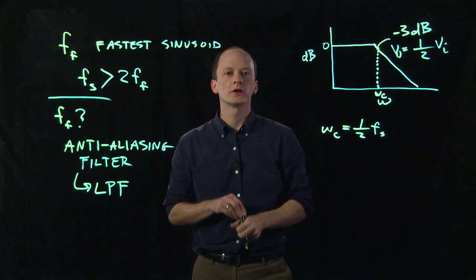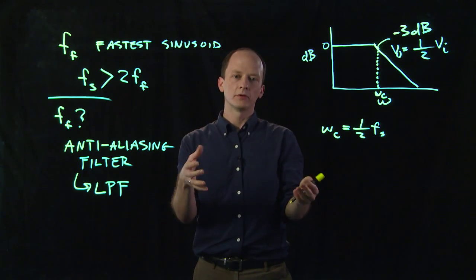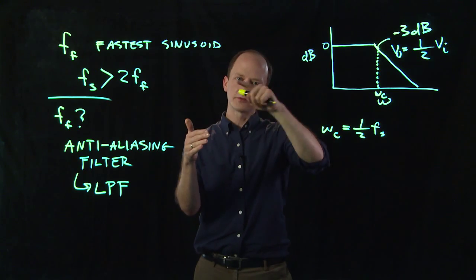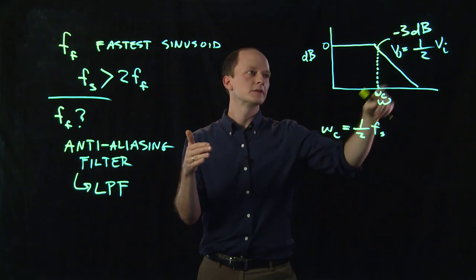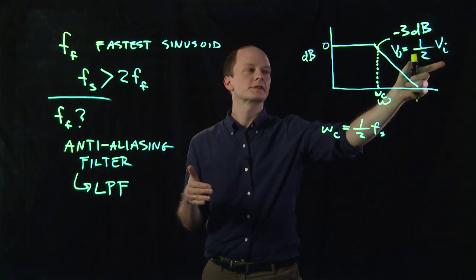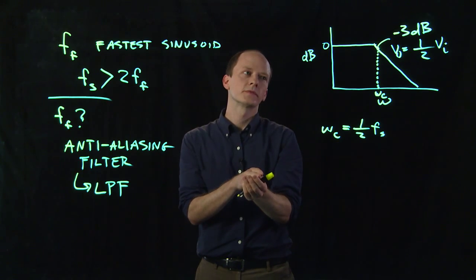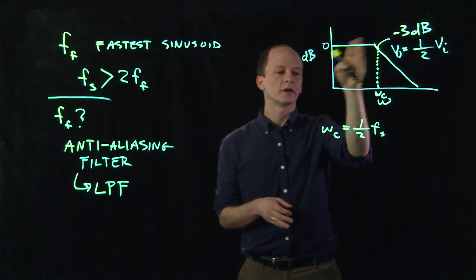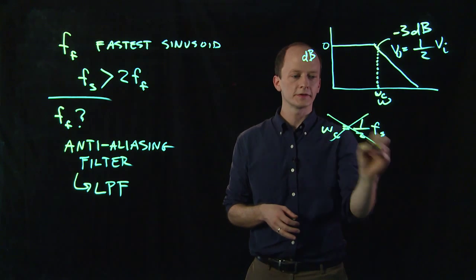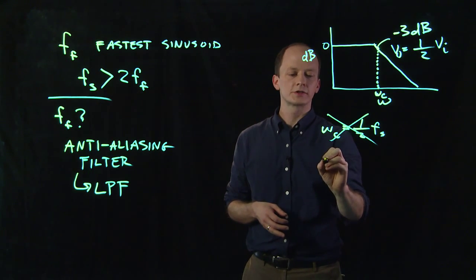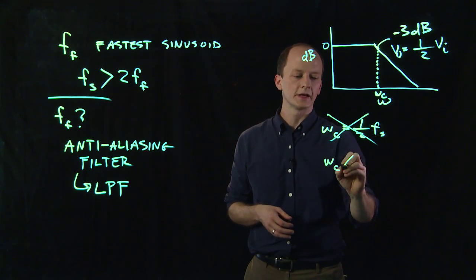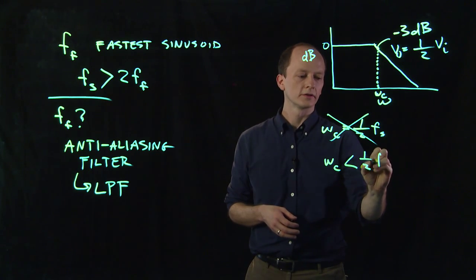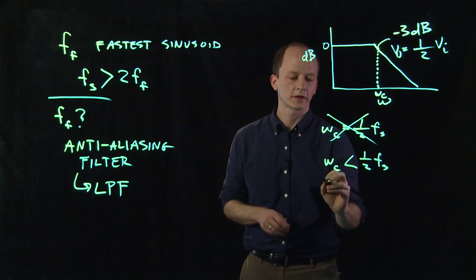So if we have our blood pressure signal with a high-frequency signal on top of it, this low-pass filter is only going to suppress that high frequency by about 1/2. So we don't want to do this. What we want to do is choose our cutoff frequency so that it's less than our Nyquist frequency.